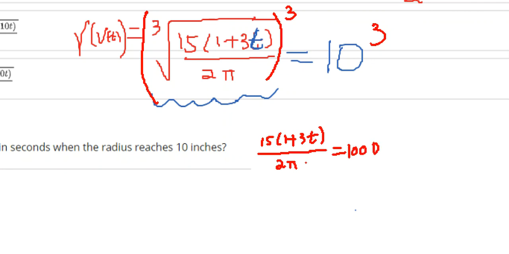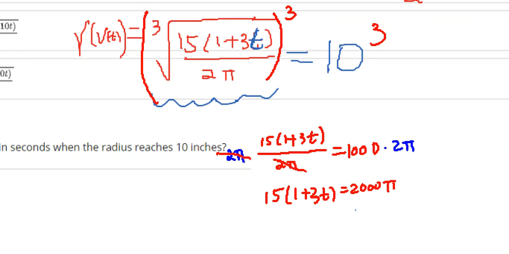And then we need to multiply both sides by 2 pi to clear the denominator. So once we do that, this cancels, right? So 15 times 1 plus 3t equals 2000 pi.